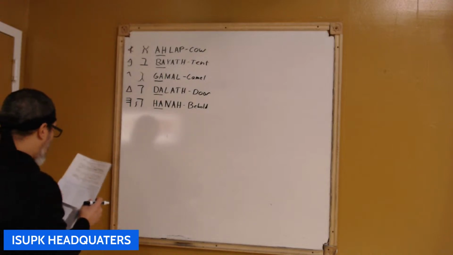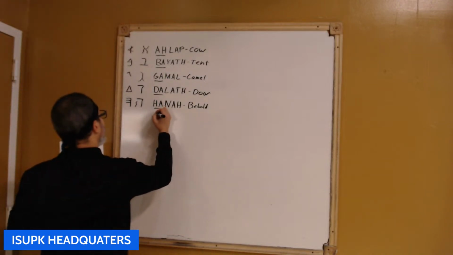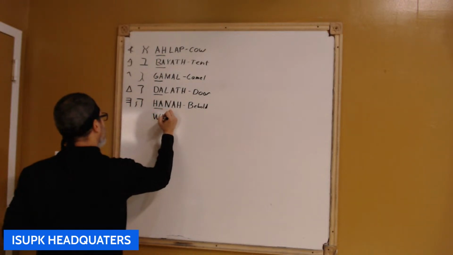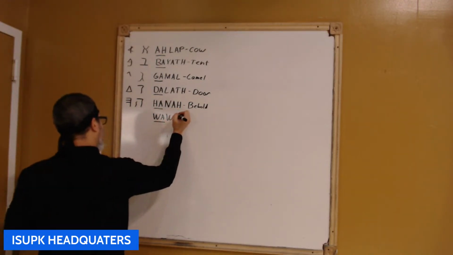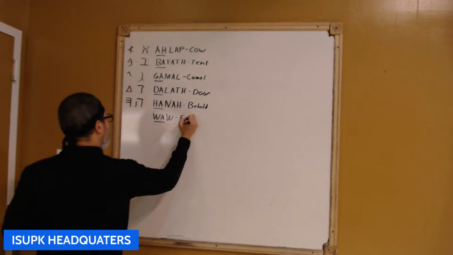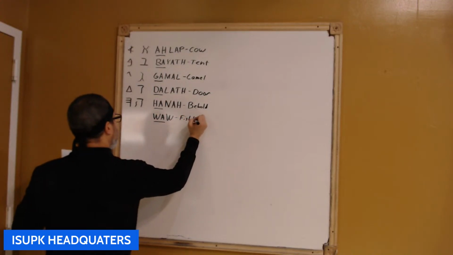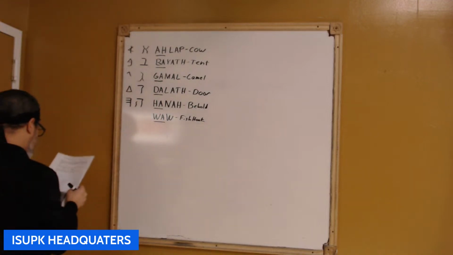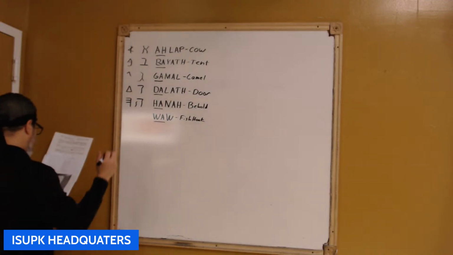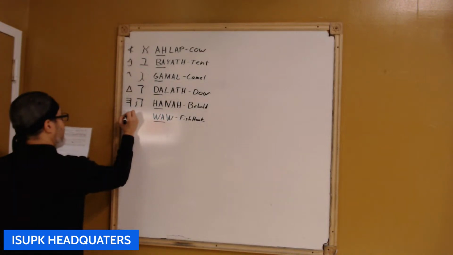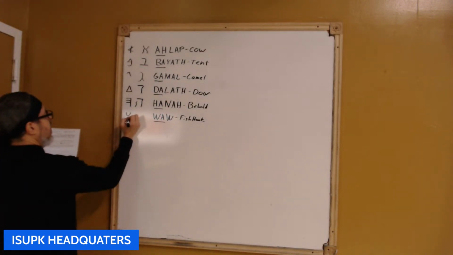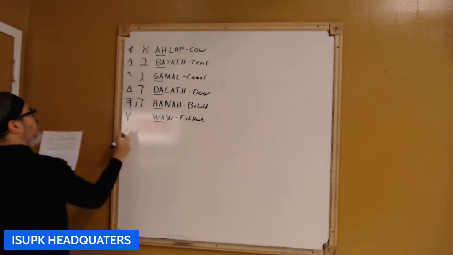Next, we got the Wa. And the Wa is short for Wa, the fish hook. And you think of a hook, it's almost like the letter U, a line drawn down.